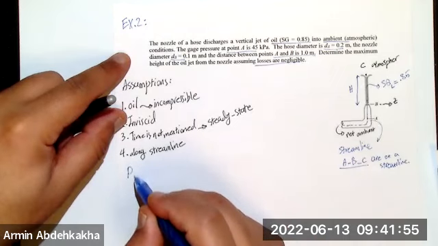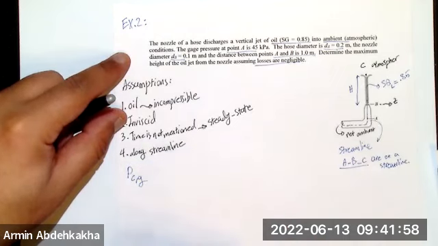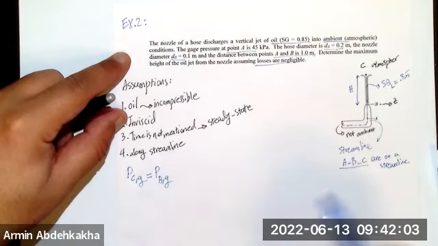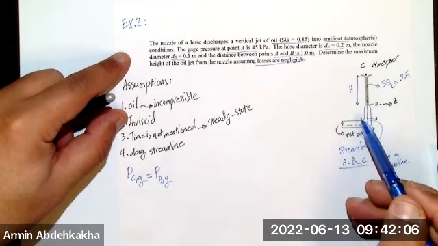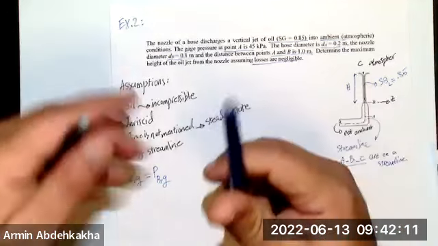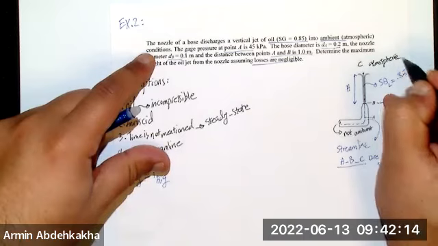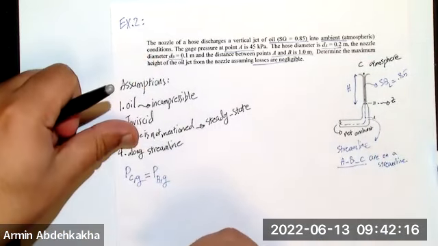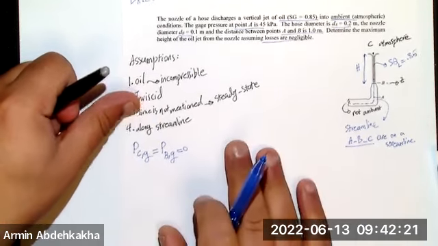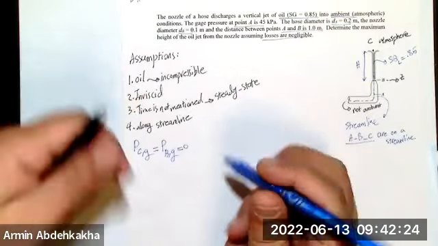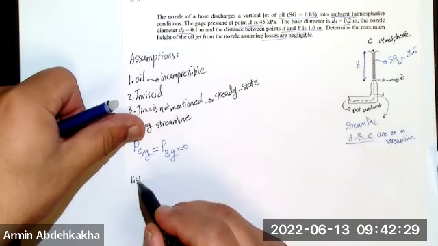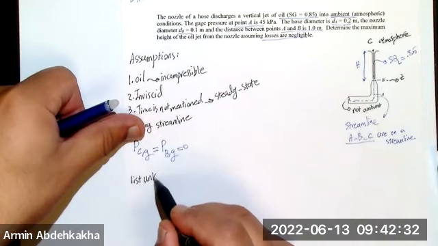At first, the gauge pressure at point C is equal to the gauge pressure at B because both of them are ambient pressure, and ambient or atmospheric gauge pressure is equal to zero. So what we know and what we don't know about these three points, let's list the unknowns.